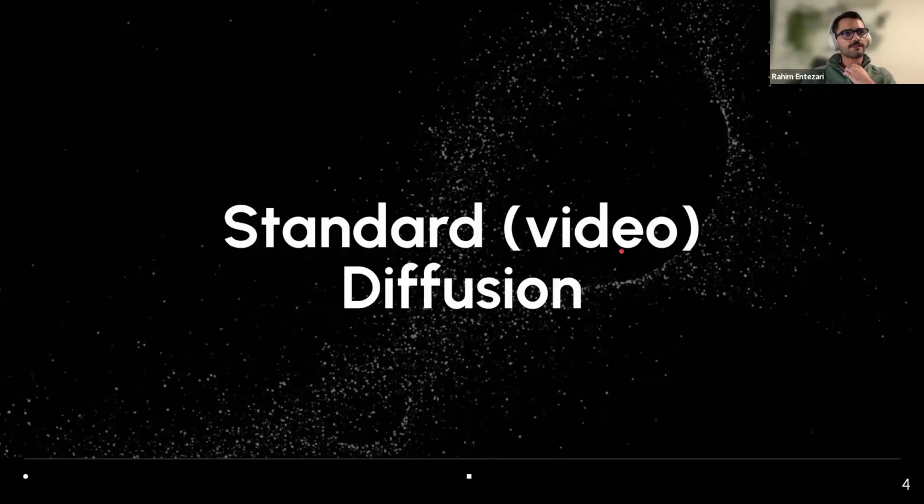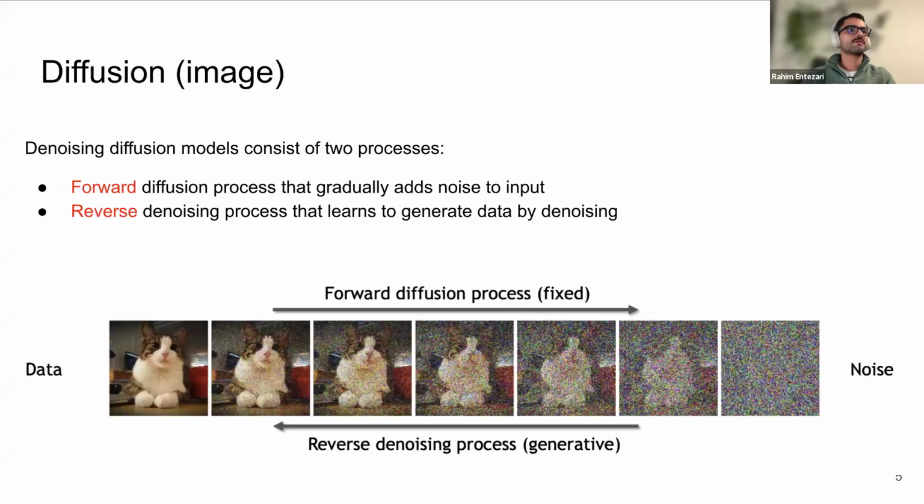Let me begin with standard video diffusion to make sure that we are all on the same page. Standard diffusion starts from reading a data point and adding noise until we have full pure noise, which we call the forward diffusion process. Then in the reverse diffusion process, we denoise this step by step. This is a standard diffusion process, which is actually in 2 steps.